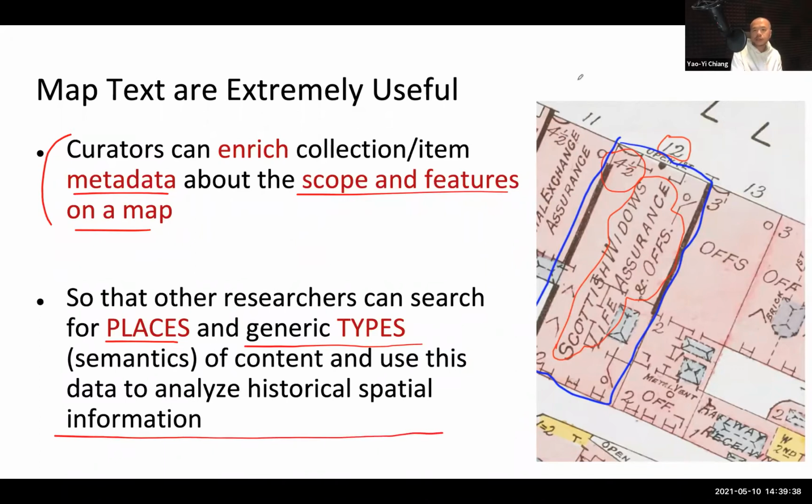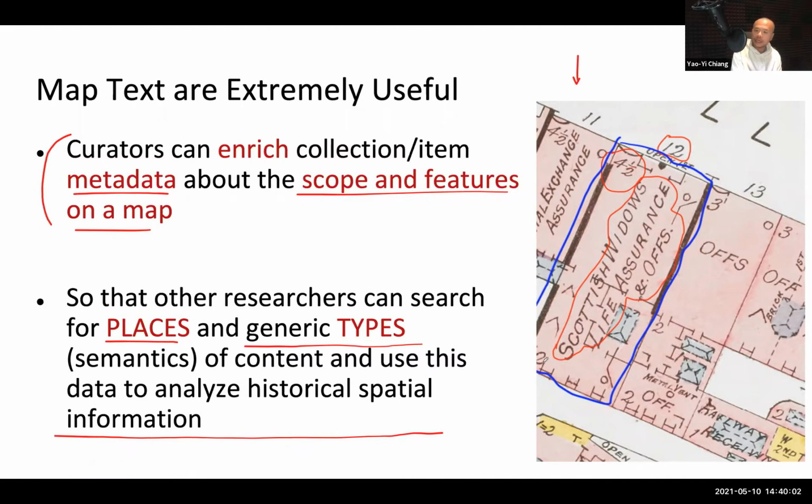So here is a very detailed historical map. I don't remember the name of the collection, but in the US, this type of map is the Sanborn fire insurance maps. The Library of Congress has scanned them and put them online. In the UK, this is very similar, and you can see it has historical locations and business names.